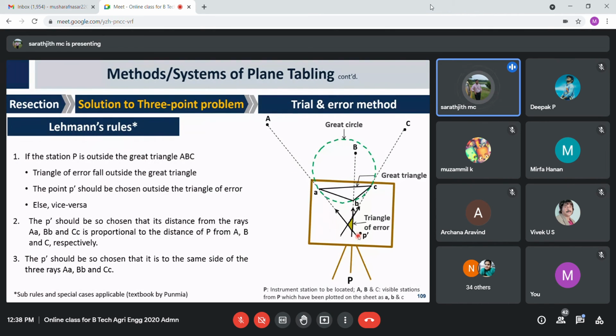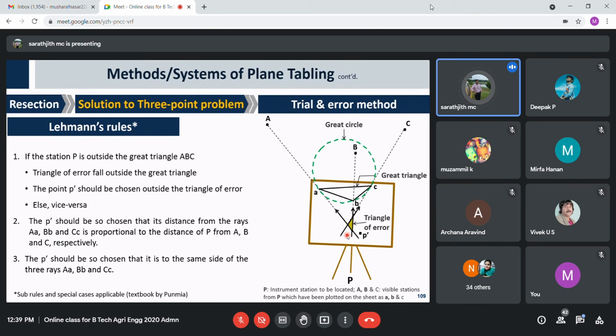So this point is right to AA, right to BB, and right to CC. You can also choose a point on the left side of all the rays. If you want to do that, you can locate it here. There is no problem because it is on the left side of AA, BB, and CC. But you cannot plot this point here because this is left to AA, but it is right to CC. That way you cannot do. Either you choose left side or right side for all the rays.